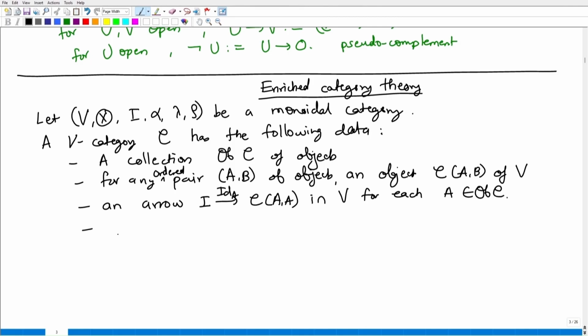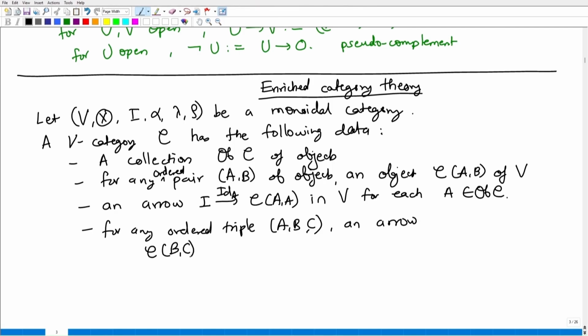Then for any ordered triple A, B, C, an arrow C_BC tensor C_AB to C_AC, denoted by circle_ABC in V, satisfying some conditions.